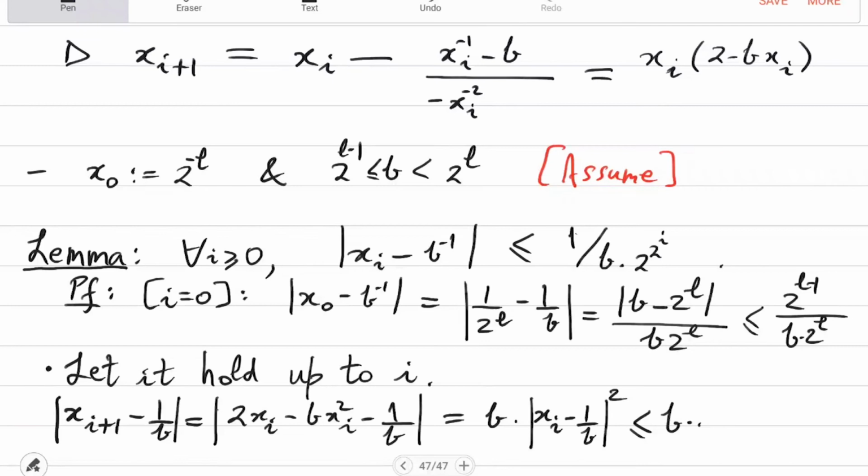So the bound by induction hypothesis is as assumed in the lemma. So just square it and you get what you wanted.